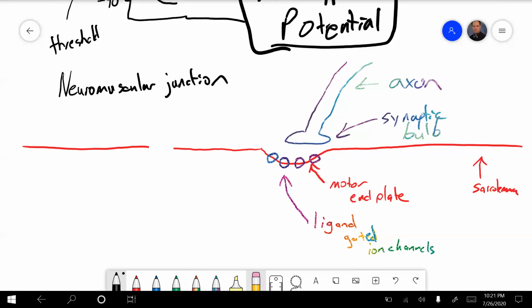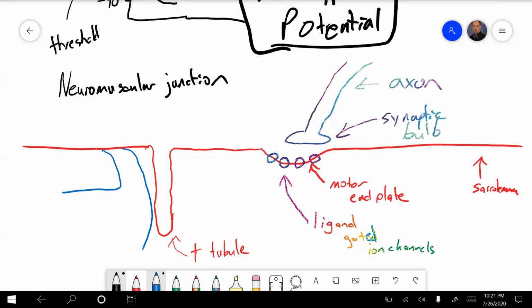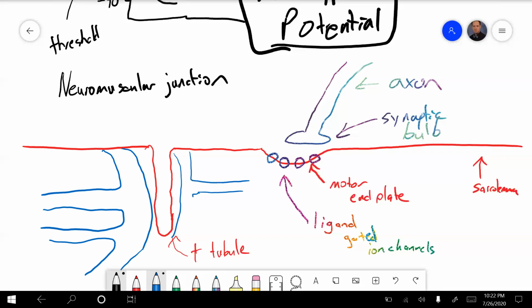This thing is called the T-tubule. That T is for transverse because it kind of cuts across the muscle cell. And on either side of that T-tubule, I'm going to have this structure, expertly drawn, I might add, happy trees.